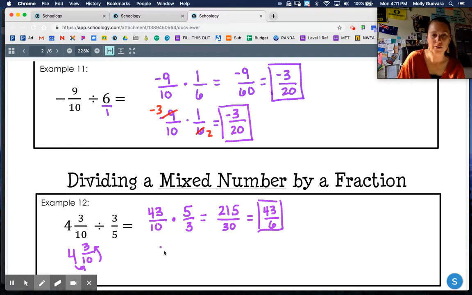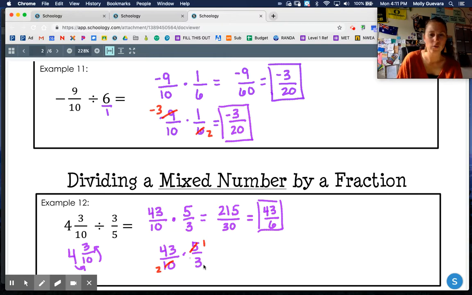If I were to do it the other way, so 43 over 10 times 5 over 3. 5 and 10. So 5 goes into both of those. So 5 divided by 5 is 1. And then 10 divided by 5 is 2.